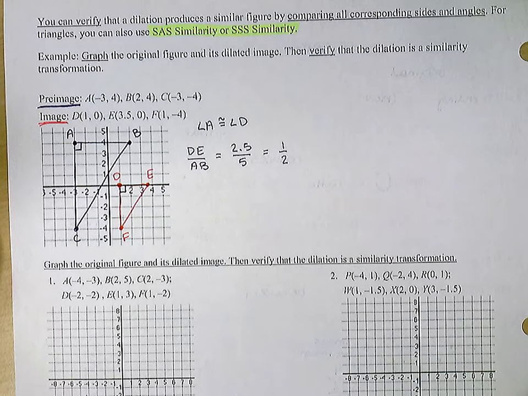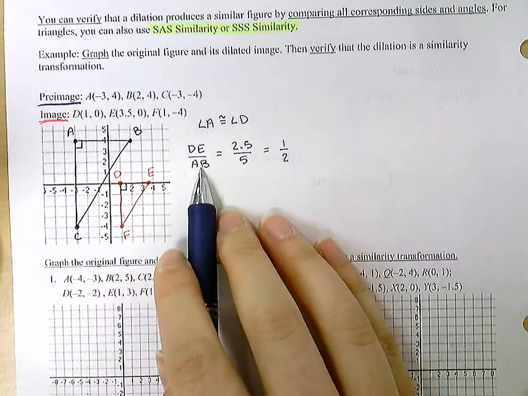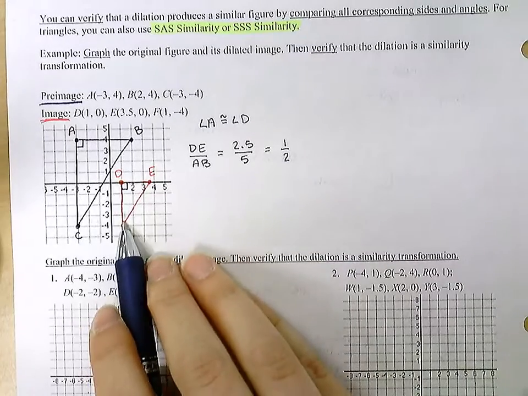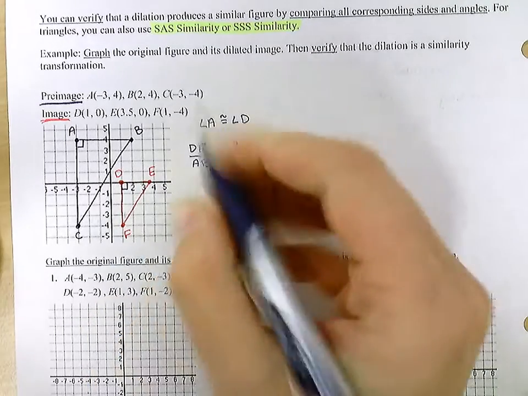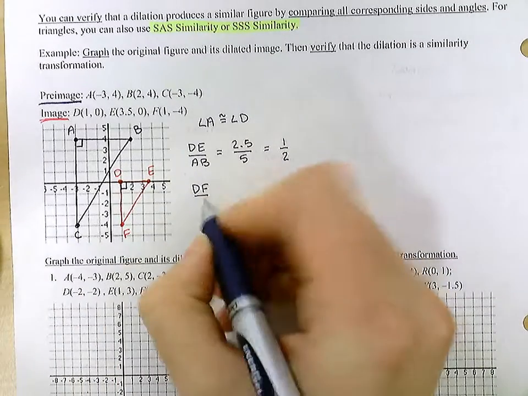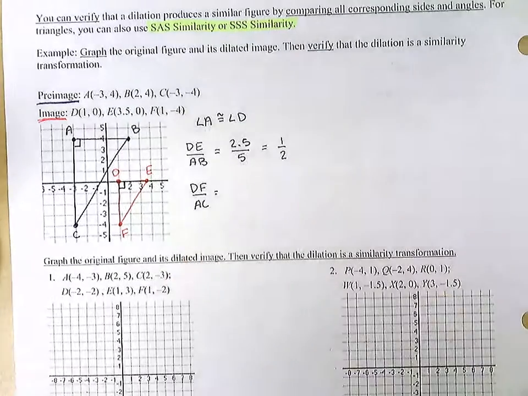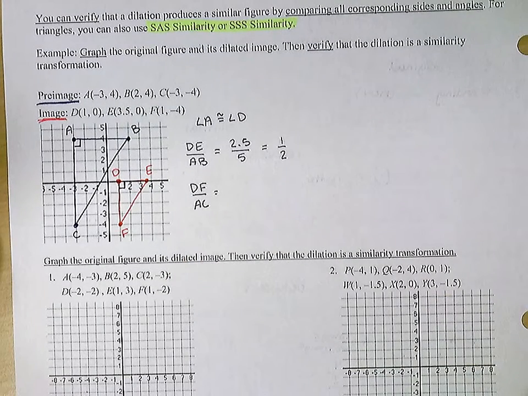I want to do the same thing to the other side that surrounds that angle. Since I started with my image in this ratio, I'm going to start with my image in the second one. So I'm going to compare DF to AC. Again, since these ones are either horizontal or vertical, we can just count.